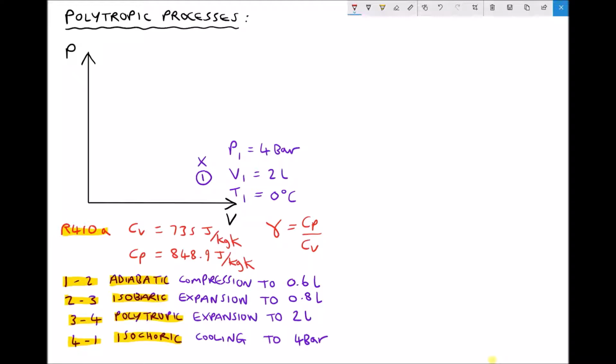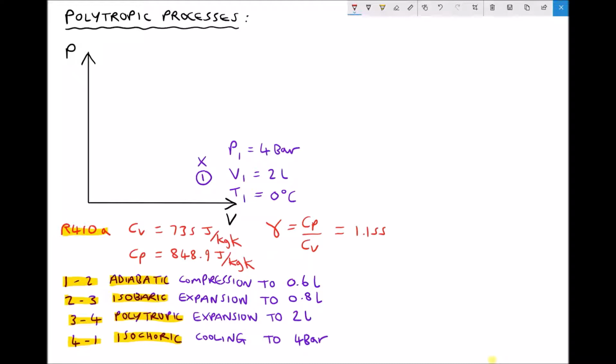I've given the values for Cv and Cp for the refrigerant R410A. Cv is 735 and Cp is 848.9. So carrying out a quick calculation, we can find our adiabatic polytropic index to be 1.155.